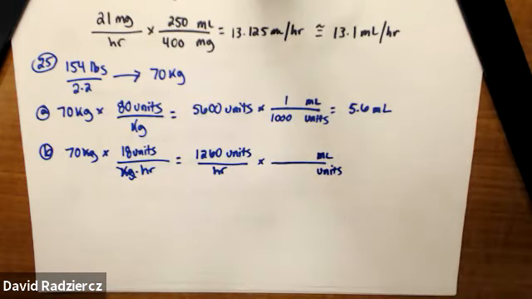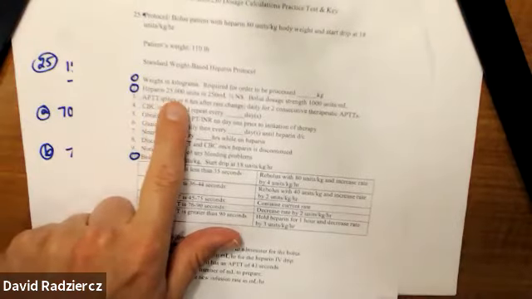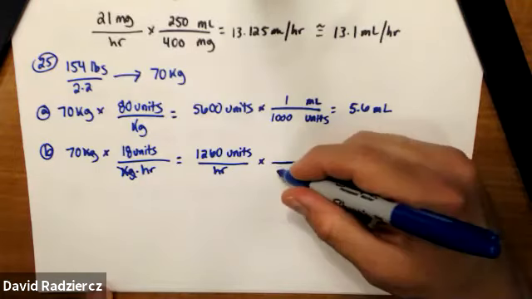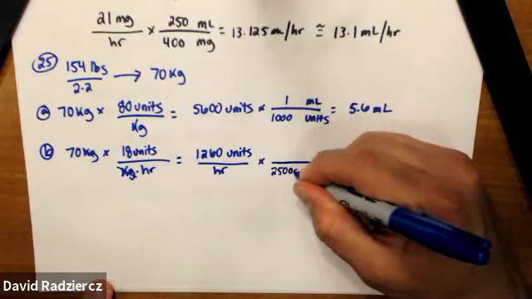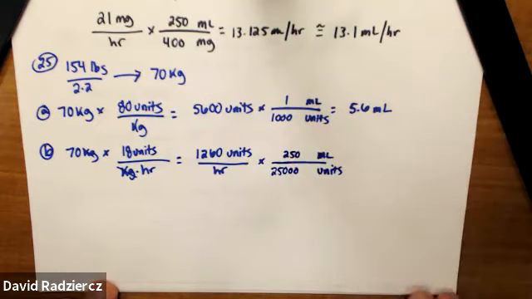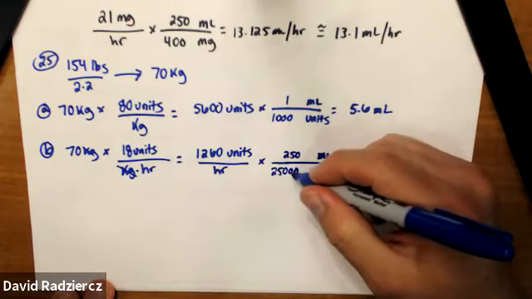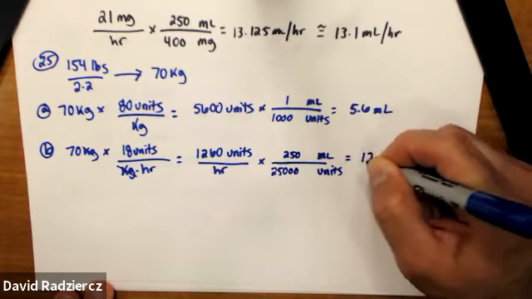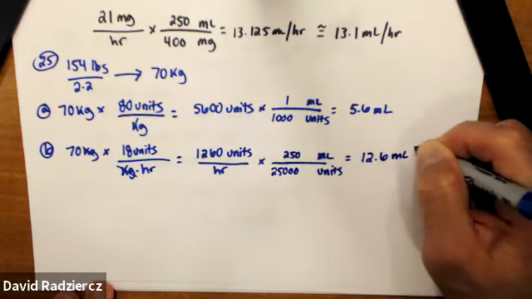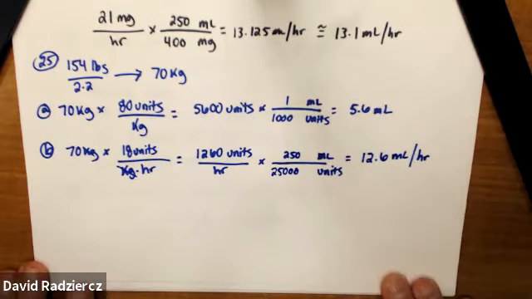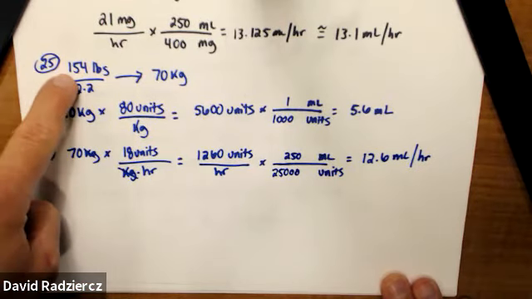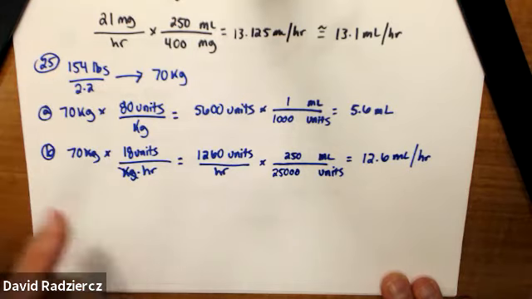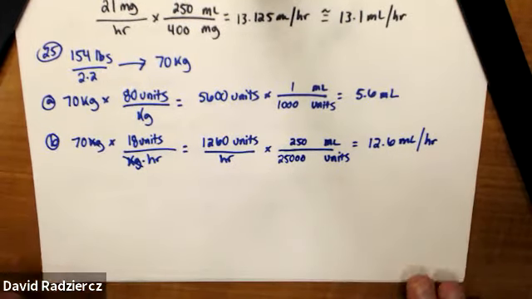Step 2 tells me that I have that IV of 25,000 units in 250 milliliters half normal saline. So I'm going to use that information to calculate my infusion rate. Now 250 over 25,000 is equal to 1 over 100. So you would get 12.6 milliliters per hour. Again, we're starting off with the patient weight now being 154 instead of the stated 110, which is why the answers are different, just to give you additional practice.